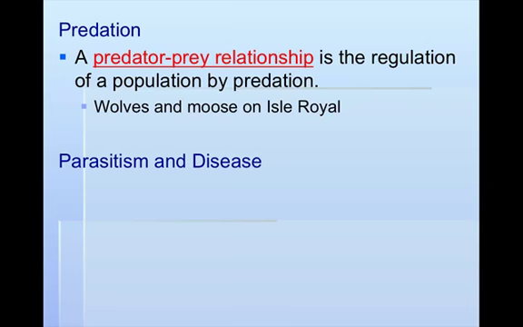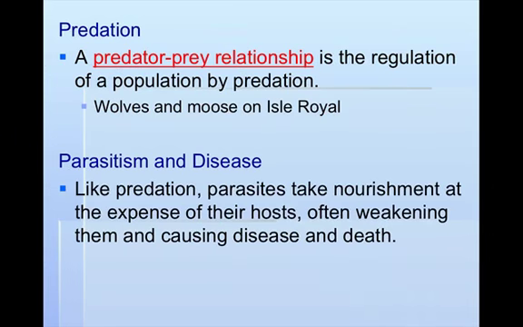Parasitism and disease. Like predation, parasites take nourishment at the expense of their host, often weakening them and causing disease and death. We talked about exactly what the host was, and that the host was usually larger than the parasite that lives off it, which is usually something like a tick or a flea or lice, or a tapeworm.